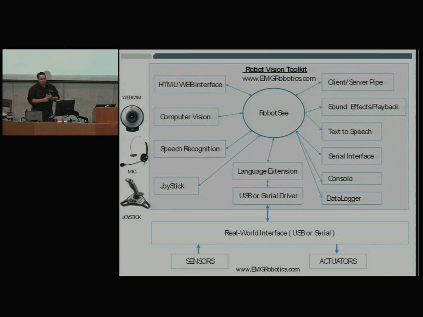I'm going to talk about that a little bit more later, but the idea behind it is, from a user point of view, I don't need to know all the stuff that's going on behind, let's say, SAPI, which is what I use for text-to-speech. All I know is I load up the SAPI interface, and I get 2 or 3 extra keywords, and using those keywords I can talk, I can do speech recognition, and so on and so forth.